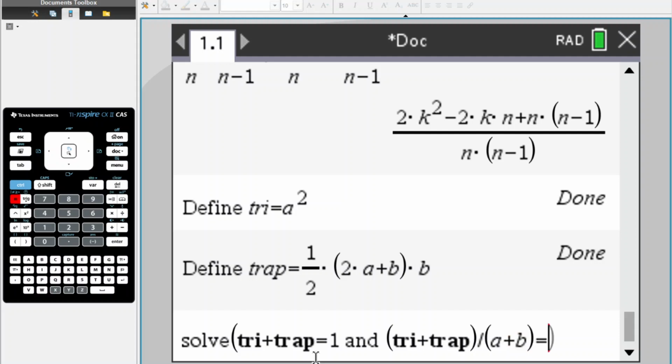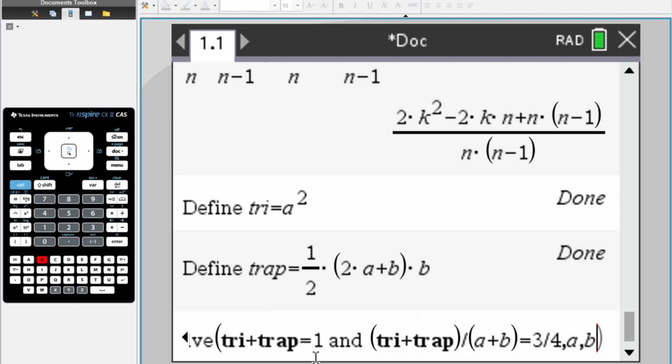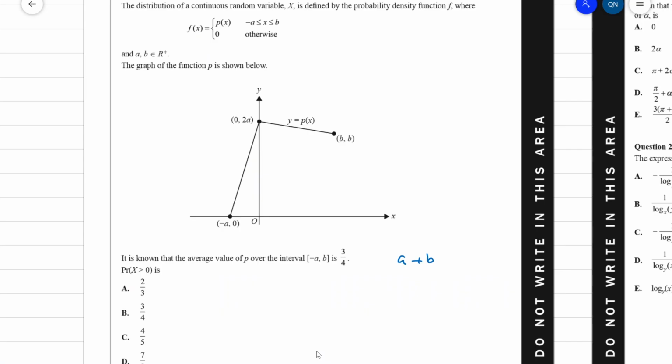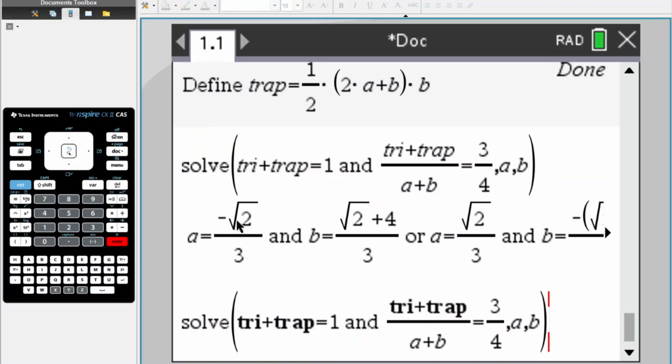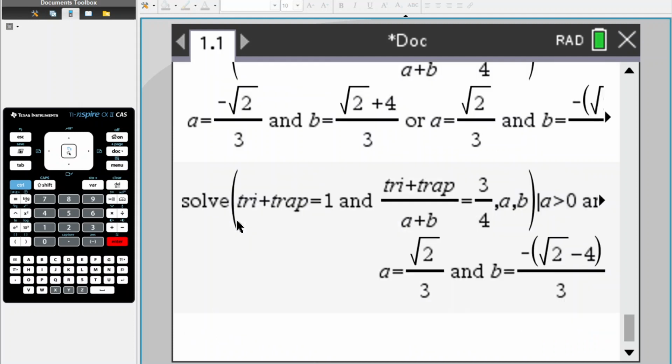So this is going to be equal to 3/4, and solve this for a and b. We want a and b to be positive, that should simplify things. So a greater than 0, and b greater than 0. There we go. We got some nice answers.